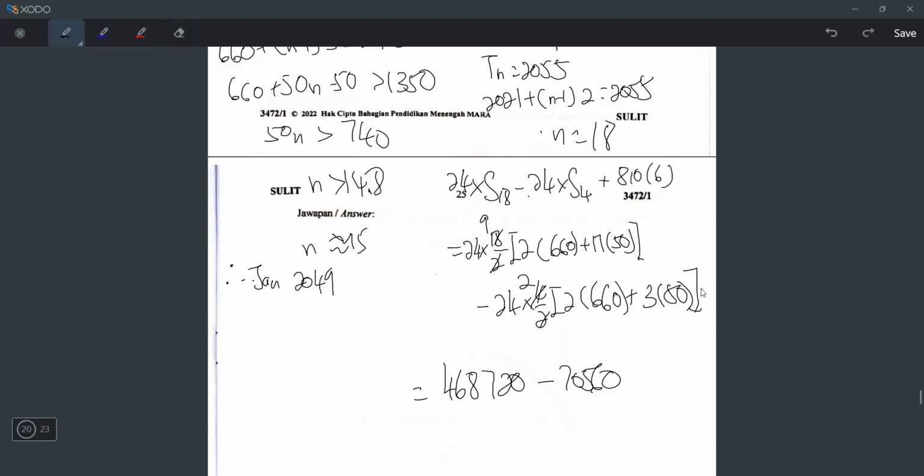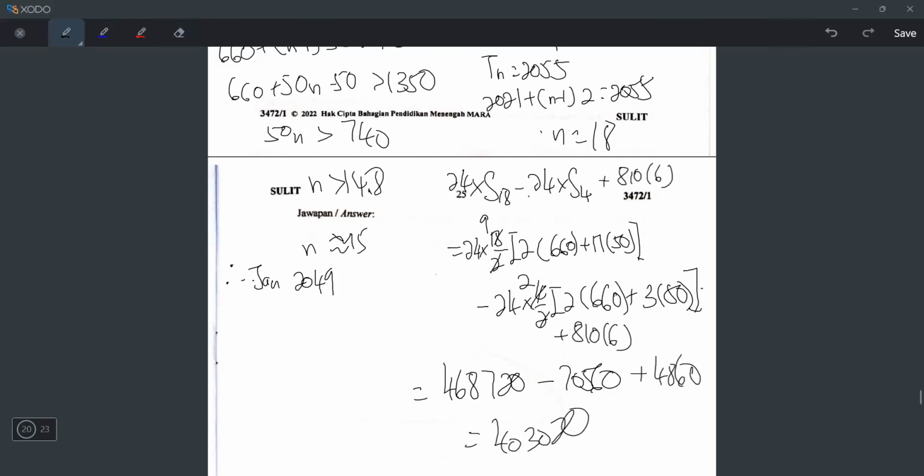But since I don't have space here already, I'll just write down a bit here. 810 times 6, and then I will get 4860. And then hopefully, if I press all of this, I get answer 468720 minus 70560 plus 4860, 403020.